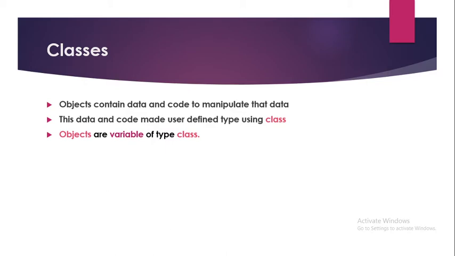And once the class has been defined, we can create objects of this class. Any number of objects can be created from the class once it is defined. So objects are nothing but variables of type class. This is the relation of object and class.